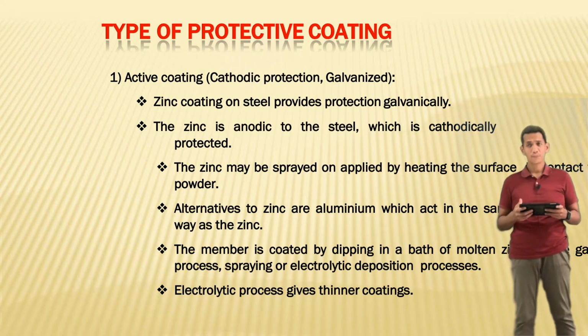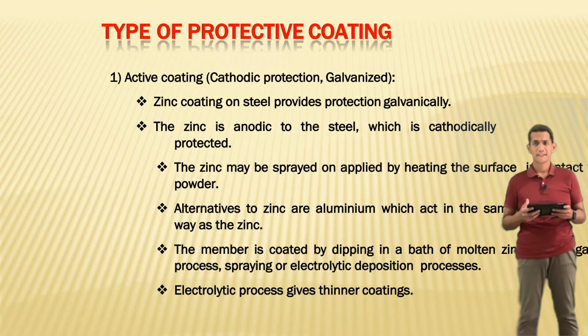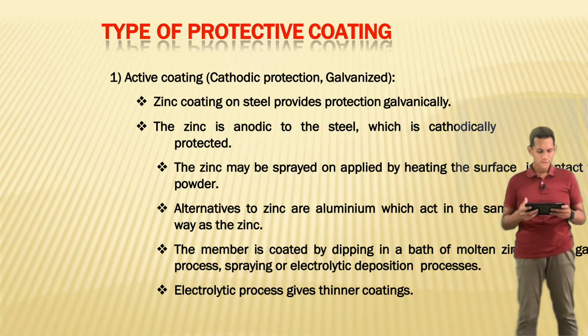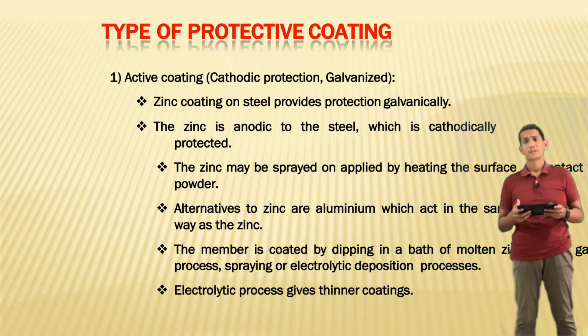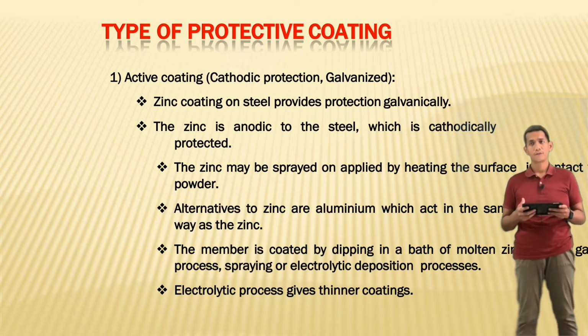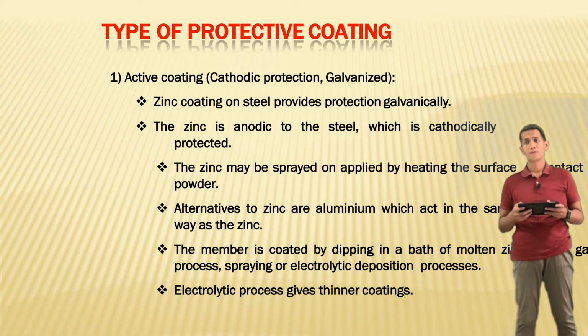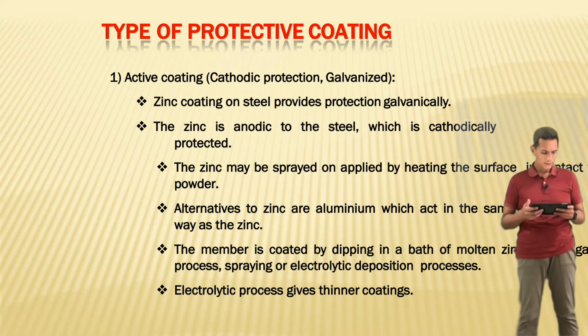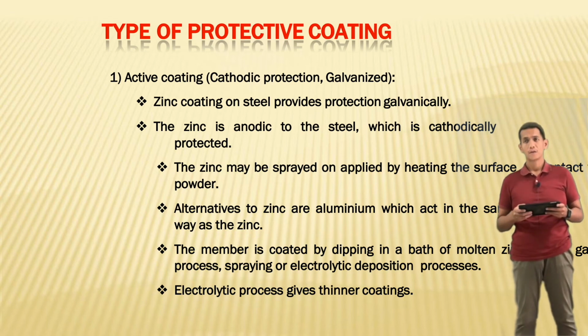The zinc may be sprayed on, or applied by heating the surface in contact with zinc powder. An alternative to zinc is aluminum, which acts in the same way as zinc. The member is coated by dipping in a bath of molten zinc in the galvanizing process, or by spraying or an electrolytic deposition process. The electrolytic process gives thinner coatings.